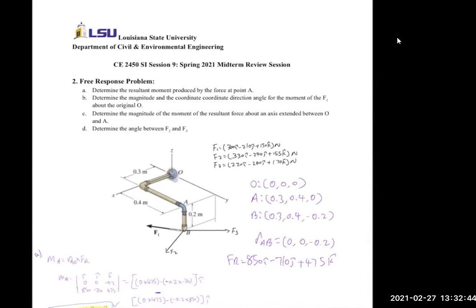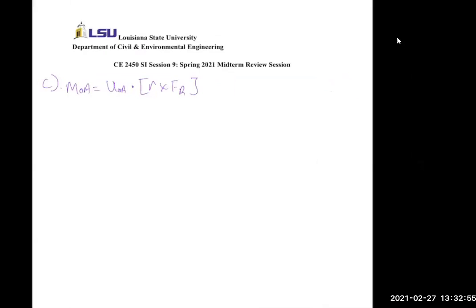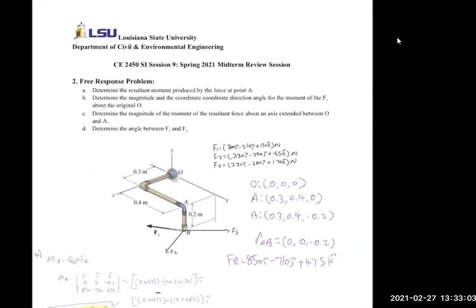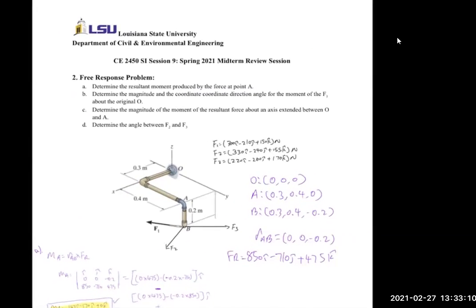Okay, so I know that my force is at B, between O and A. So either O to B or A to B. Pick either one, it works. For this one, I choose O to B. So I have to find out what my R_OB is. B minus O, it's basically just 0.3, 0.4, negative 0.2.